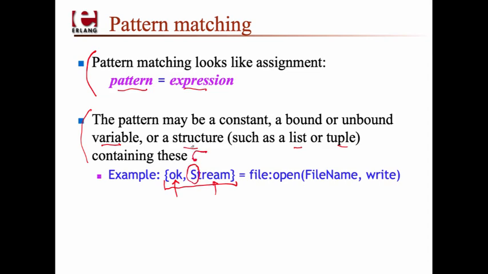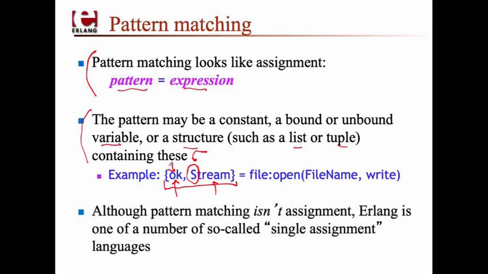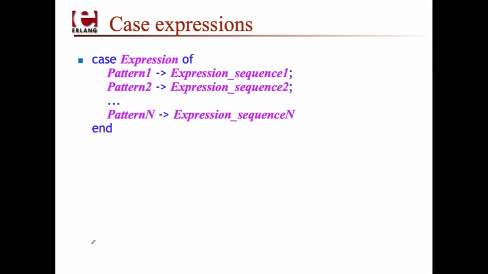The variables are uppercase and the atoms are lowercase. This is for historical reasons, because the first Erlang implementation was implemented on top of Prolog, which has this convention. So this convention is maintained. So Erlang is a single assignment language. Basically, inside of an Erlang process, it's completely functional. We also have case statements. You can recognize this as very similar to the case statement we have seen.